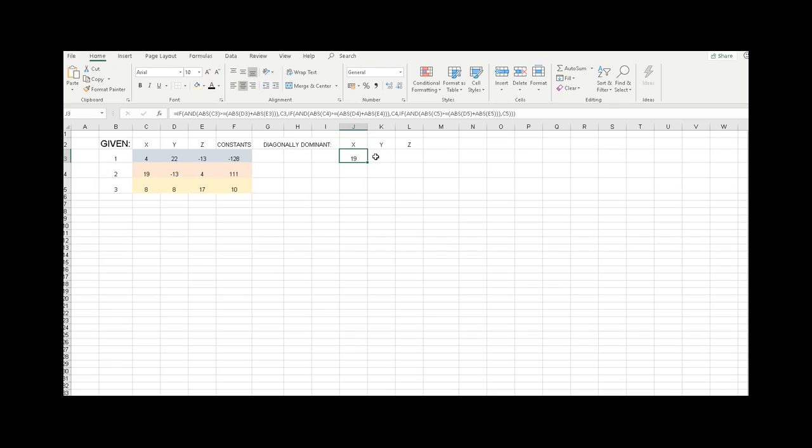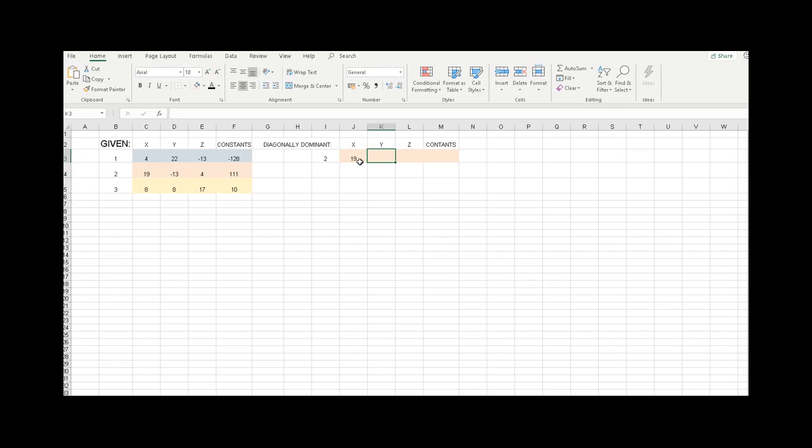Now since this is the second equation, the second equation is now up here, the other elements should also follow, which in Y would be -13, Z 4, and the constant 111.